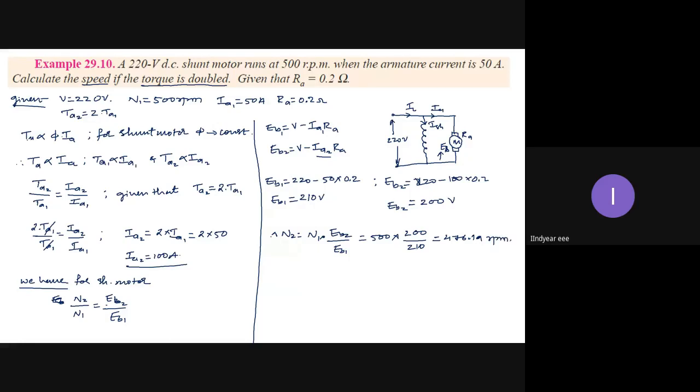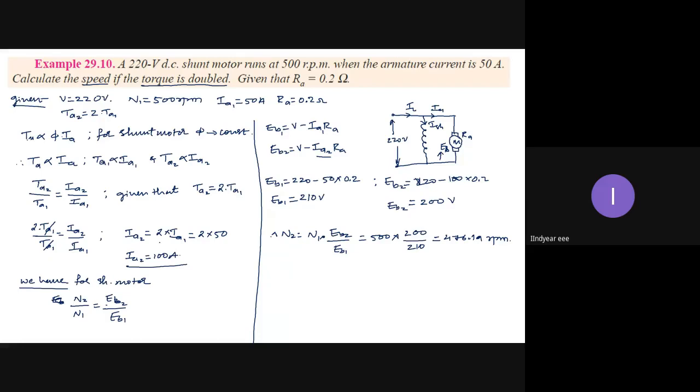See, certain things you should observe. In the significance of back EMF, we have seen that for a DC motor, if the current increases, torque increases, speed decreases. Here current is increased from 50 to 100 amperes, speed has decreased from 500 to 476 RPM. One more thing we have discussed, DC shunt motor is a constant speed motor.